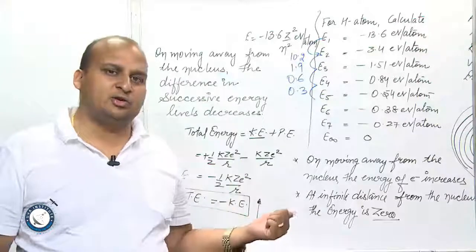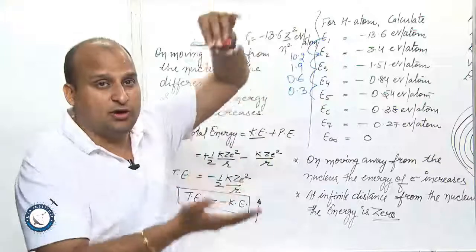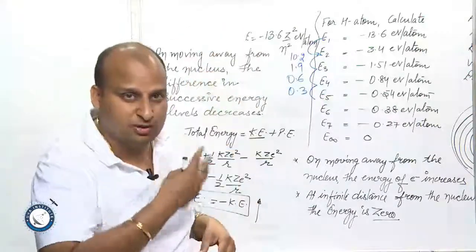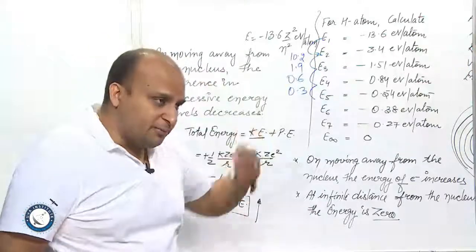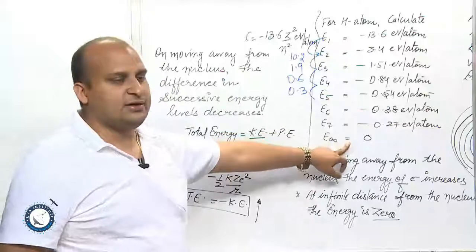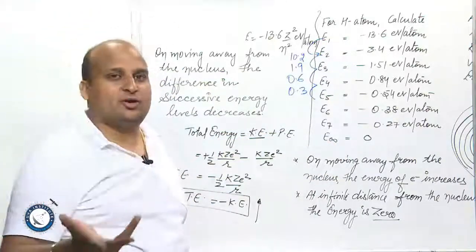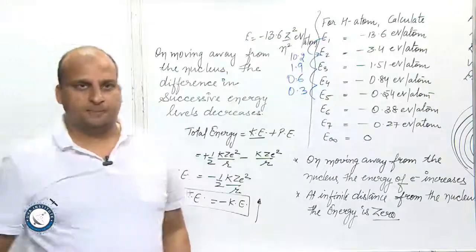You can take the value to be positive. But see, you have to explain that when the electron is falling from a higher energy level to a lower energy level, it should release energy. So the energy should become negative when it falls from infinity. It is not going away from 0. So I cannot talk about a positive energy value.